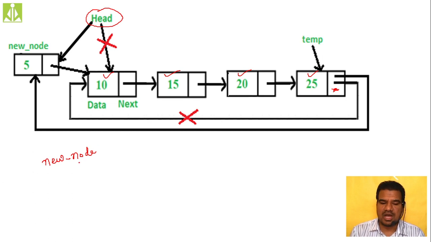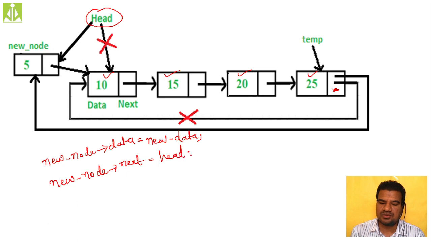After creating the new node, store the data: new_node of data is equal to new_data. Then after storing the data, make new_node of next as head, because head is pointing over here, you can see. So new_node of next is equal to head.